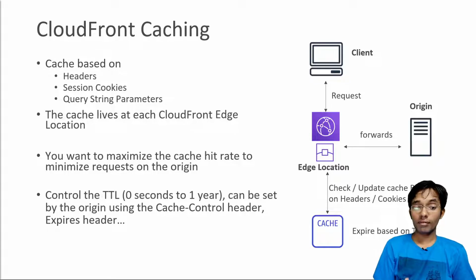And if the file is not in the cache, or it doesn't match any of the configuration for headers, cookies, or query string parameters, then it's going to forward the request to the origin to get the value and store the value back in the cache, in case a similar request comes in later.